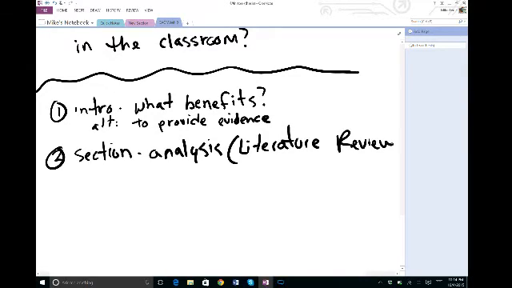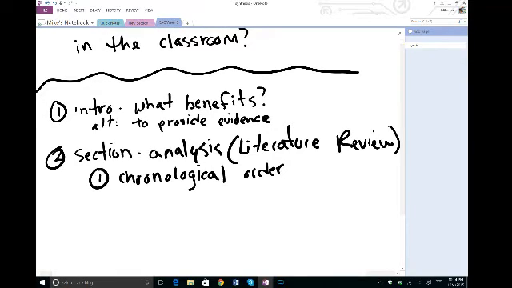Now there's many ways you can do a literature review. What I find to be the easiest way to do this is to go in chronological order. If I'm looking at what benefits, then I'm going to go back and I'm going to look at research that's out there. I'm going to find essays that are out there that kind of show the history of using social media in the classroom, or in this case, maybe the history of social media.